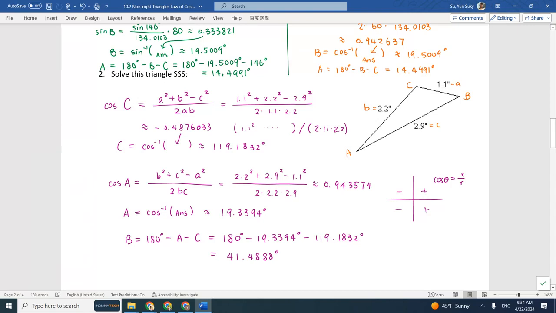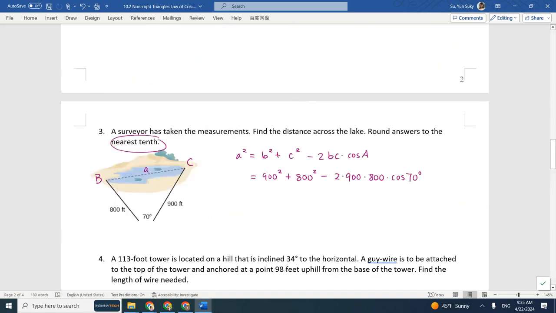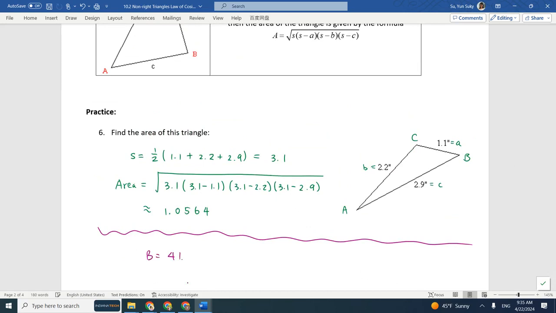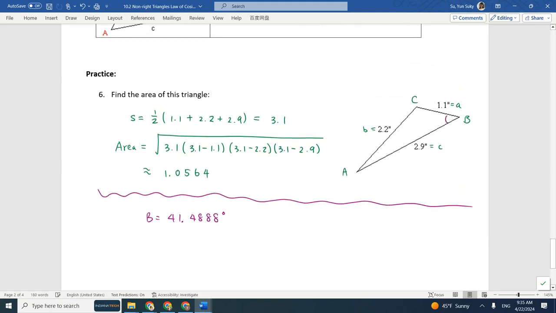Right, everybody? And let's see, we have the angles. So we can use the 2 sides and one of the angles to compute the area. Which angle do you like to pick? Pick an angle. B. Okay, so B is 41.4 degrees, right, everybody? So we can pick B. Now, B is right here. So for the area, who are the sides next to angle B?